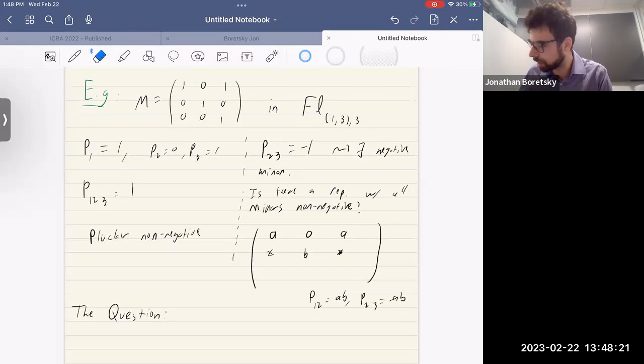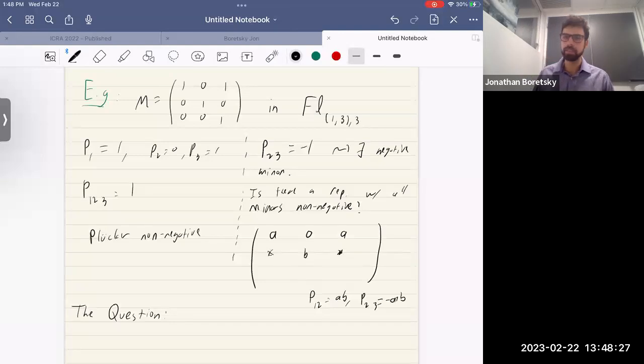Those can't both be positive, so you're always going to have some minor which is negative. So there's no representative of this flag which is totally positive, and so it's not Lusztig non-negative. All right, so that's a great indication of why the rank matters.